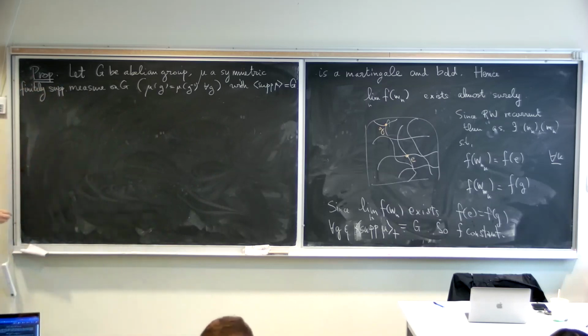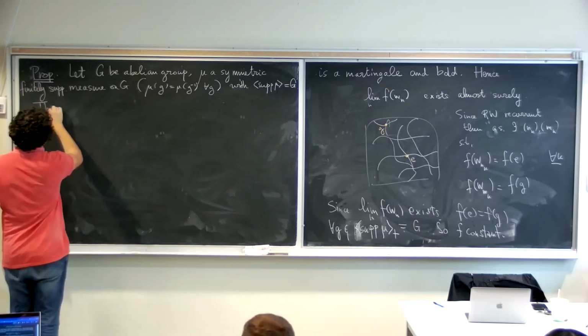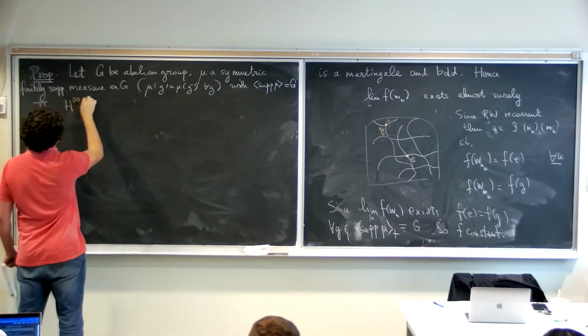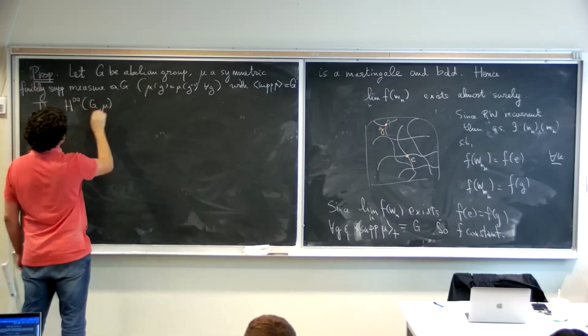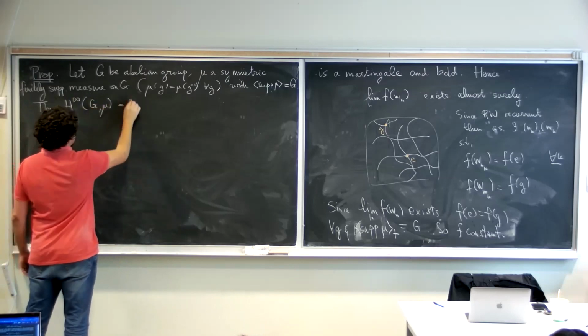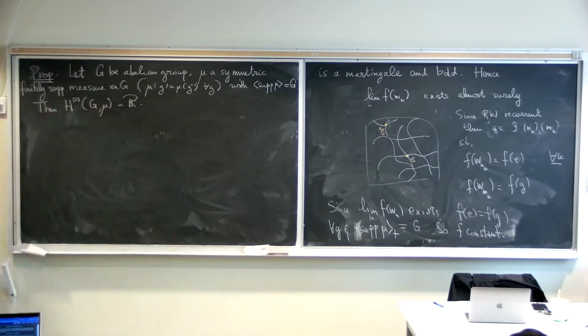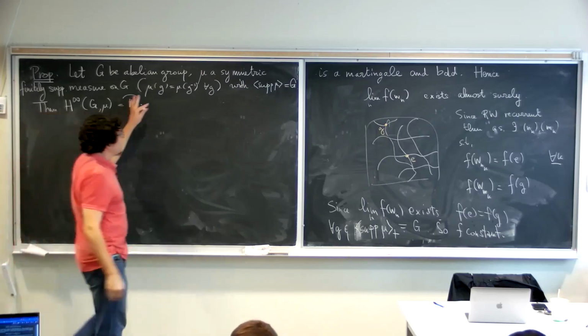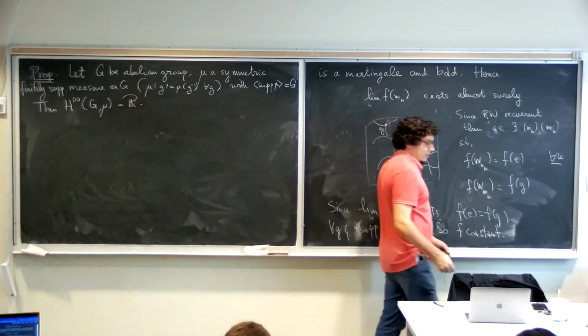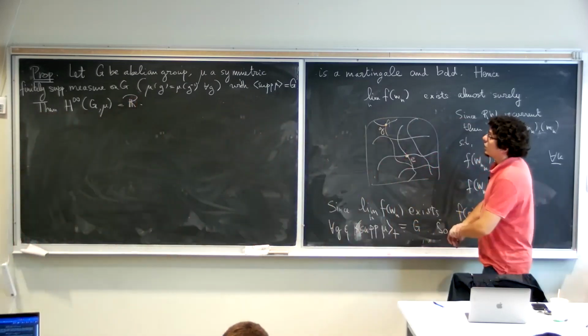Then I want to say that H infinity of mu is just... In the notes I wrote it for Z^d, but I think this same proof should work.